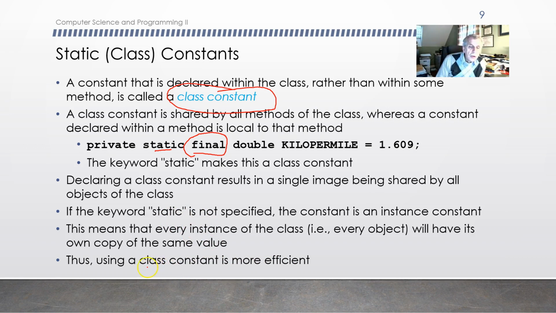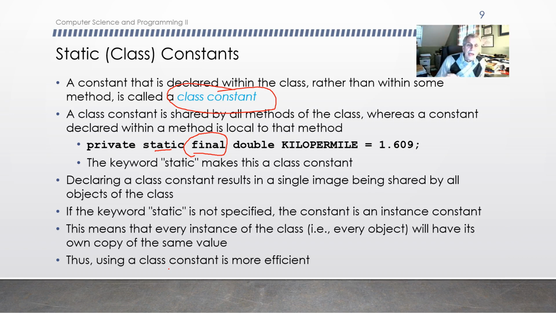Now this is more efficient than creating it without the word static. If we created it without the word static, it would be an instance constant, which means if I create 10 objects of the class, there would be 10 instances of this constant, one stored in each of the objects that got instantiated.